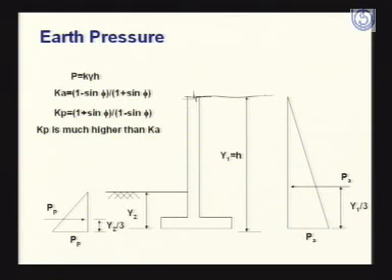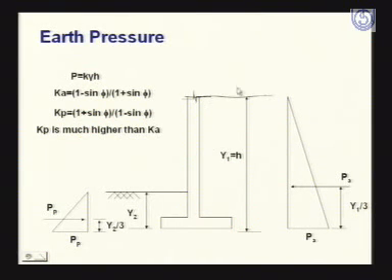So this is the case, this Ka and Kp are written when this earth fill is in horizontal position. But there may be a situation when this earth fill is at an angle to the horizontal.